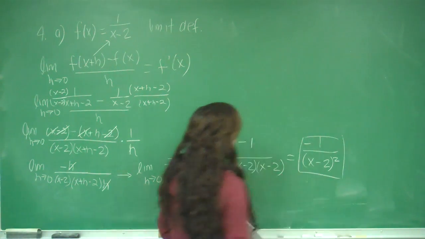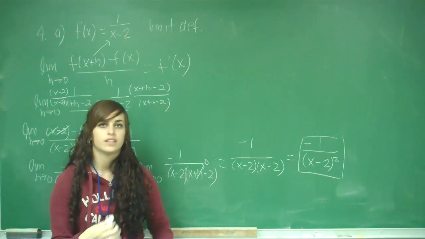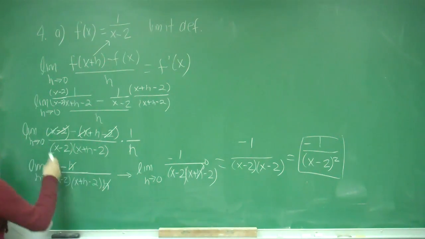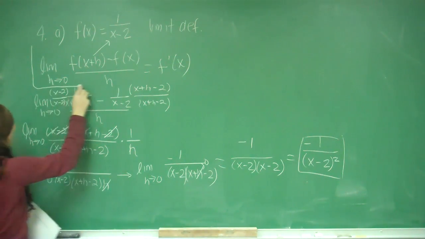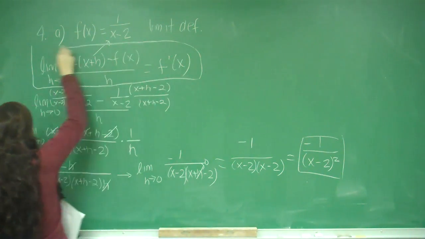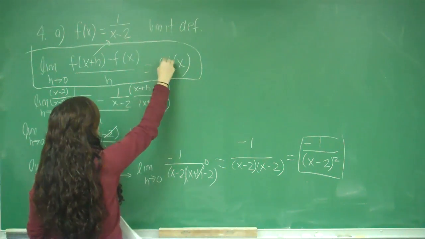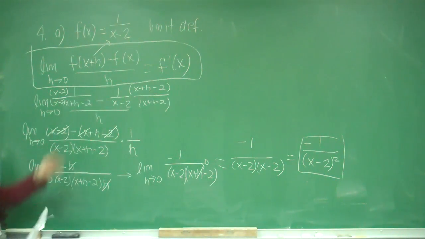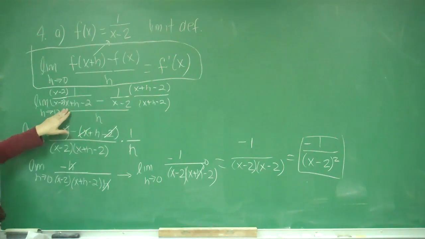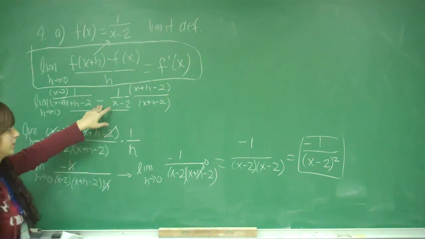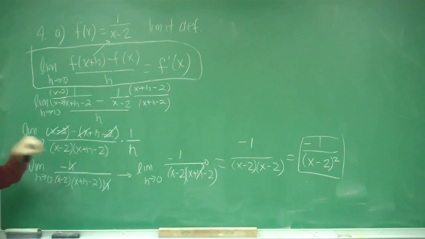Okay? So they want to see that you can use the limit definition. So the limit definition will be the limit as h approaches 0 of f of x plus h minus f of x over h equals the derivative of f of x. So we plug in x plus h every time we see x, and we get 1 over x plus h minus 2 minus 1 over x minus 2 over h.